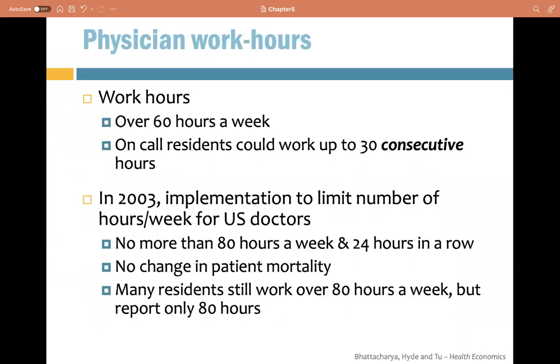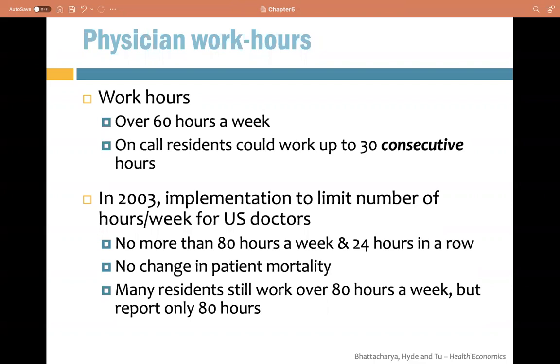Another thing about physicians is that they have extra long work hours, usually over 60 hours a week, some of them up to 80. On-call residents could work up to 30 consecutive hours. So in 2003, there was an implementation to limit the number of hours per week for US doctors. This policy says that doctors cannot work more than 80 hours a week or 24 hours in a row.